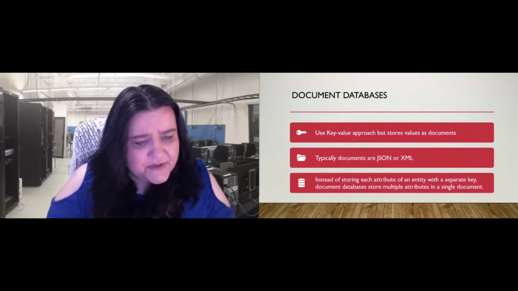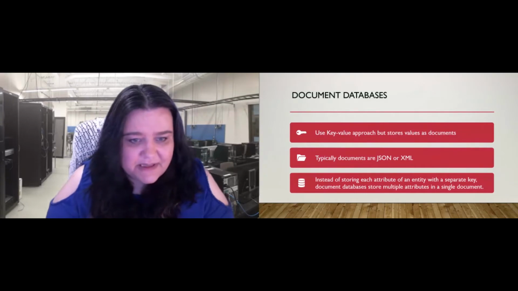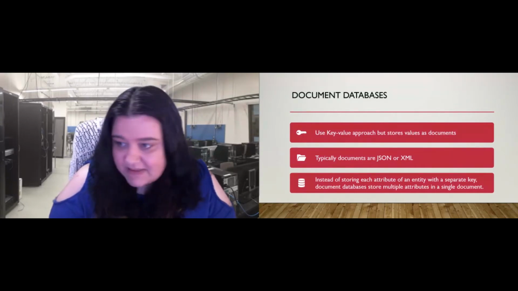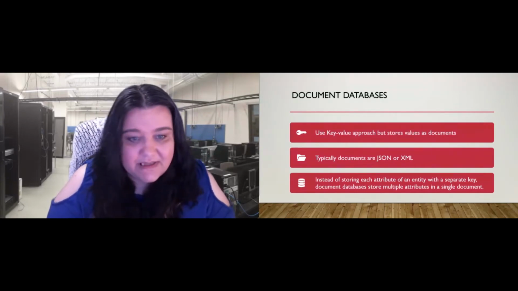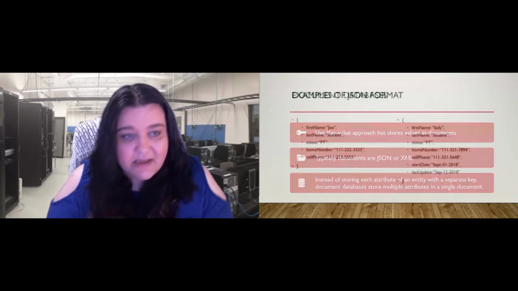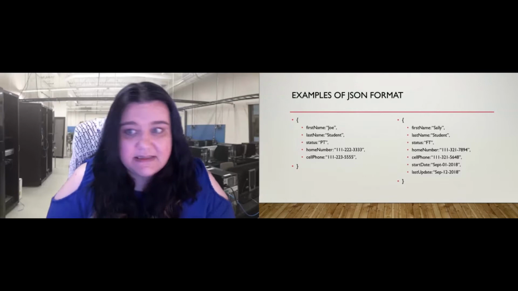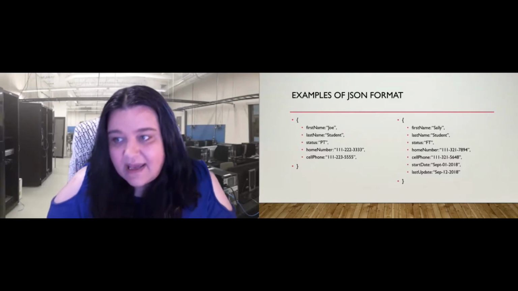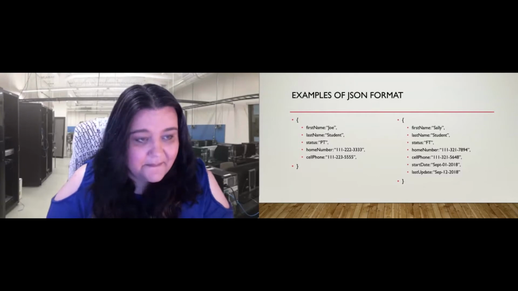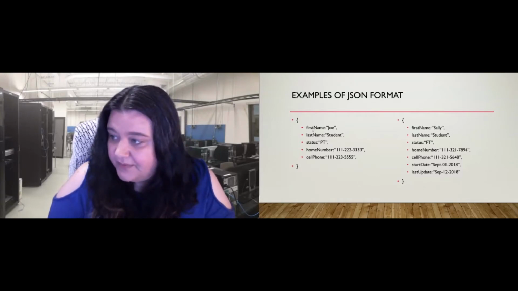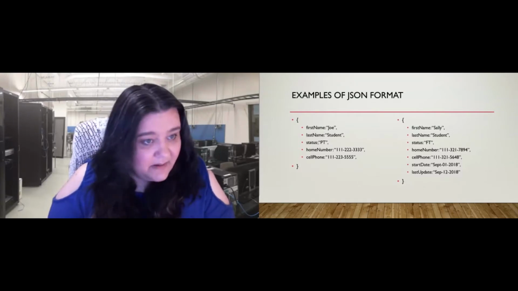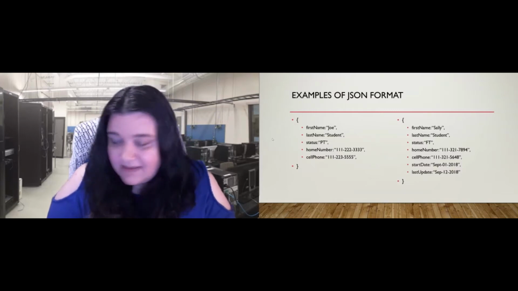So instead of storing each attribute of an entity within a separate key, document databases store multiple attributes in a single document. So the example that I have here on the screen is two students, Joe and Sally, and we can see that they have documents. We have Joe, and he has key value pairs within his document.